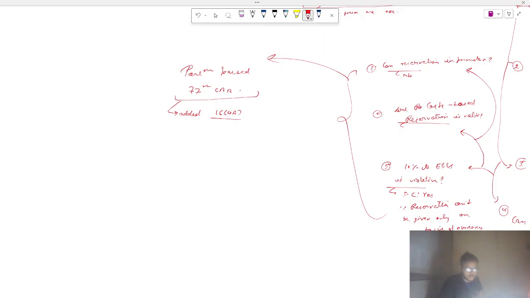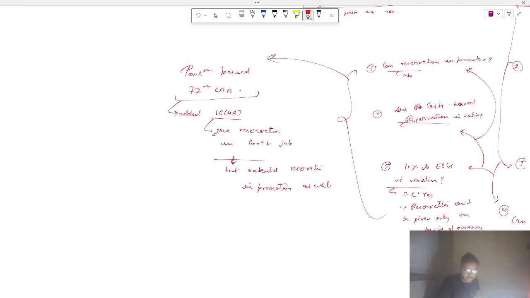In this article, they have given reservation in government jobs, but they also extended reservation in promotion as well. So basically, by the 77th Constitutional Amendment Act, Parliament extended reservation in promotion as well.